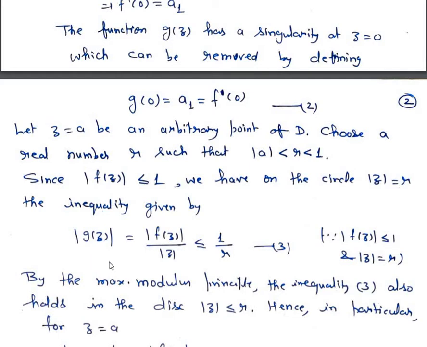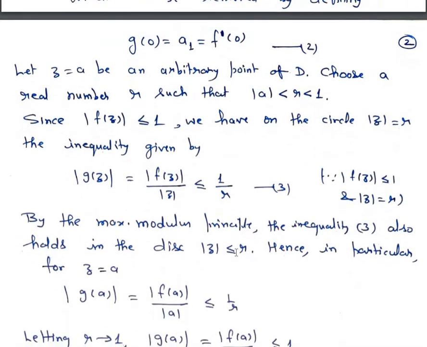So therefore mod of g(z) is less than or equal to 1 upon r. Now by the maximum modulus principle, the inequality 3 also holds in the disk mod of z less than or equal to r. So in particular, if we take the point z is equal to a, which is inside D, we have mod of g(a) is equal to mod of f(a) upon mod of a, which is less than or equal to 1 upon r.